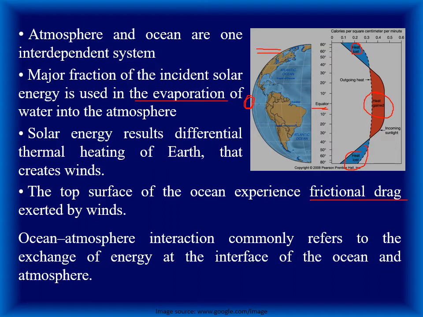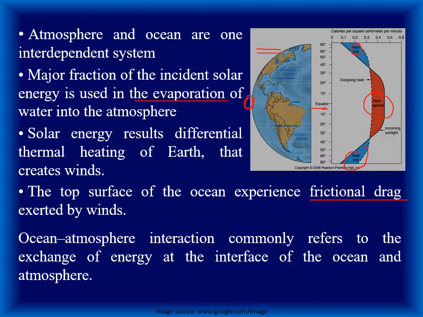Over this static body, if any moving object blows for a longer period of time and a longer distance, then definitely friction exists between these two mediums. And if this friction acts for a longer time and over a longer aerial span, then the water body experiences a frictional drag, and due to this frictional drag, waves form on the oceanic body.